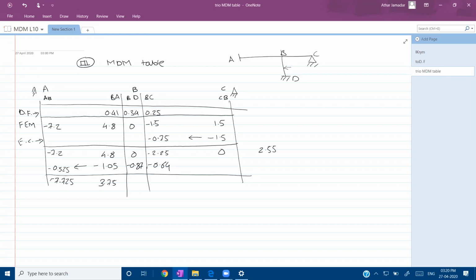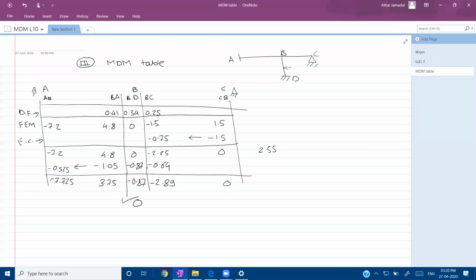This value will remain as it is for BD, minus 0.87, and minus 2.25 minus 0.64 is going to be minus 2.89. This value is going to be 0. Now if you calculate the unbalanced moment, 3.75 minus 0.87 minus 2.89 is equal to 0. The value is actually 0.01, which is nearly equal to 0. That means this support B is balanced.